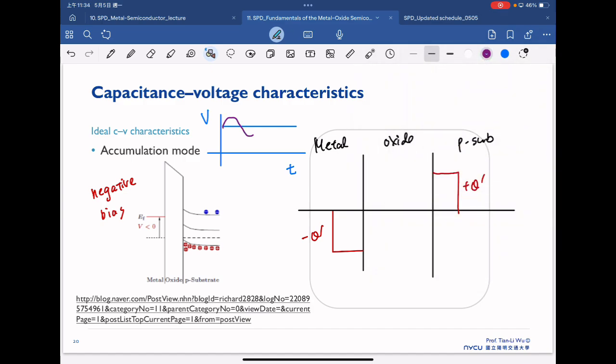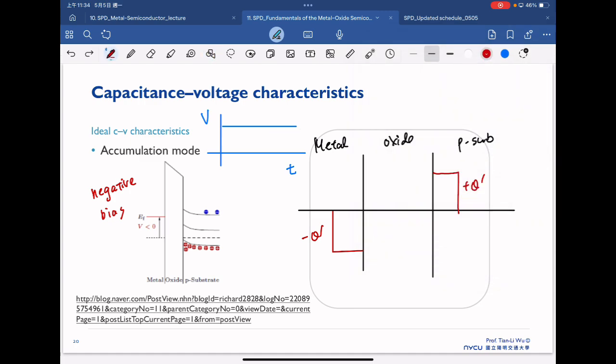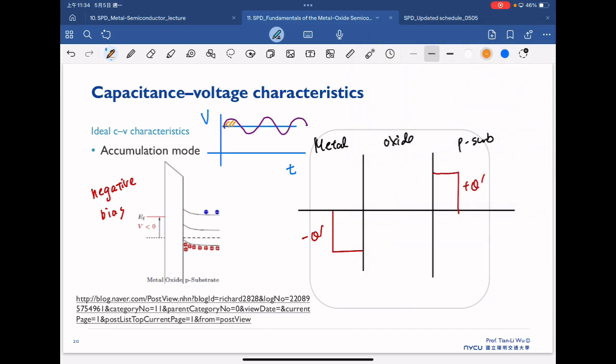This AC signal creates in the substrate region a region where the voltage is V plus dV, and also a region of V minus dV.